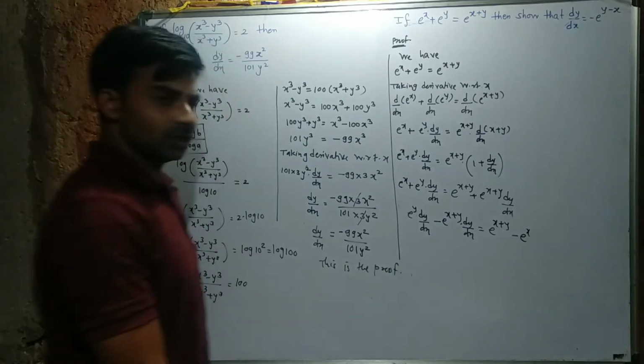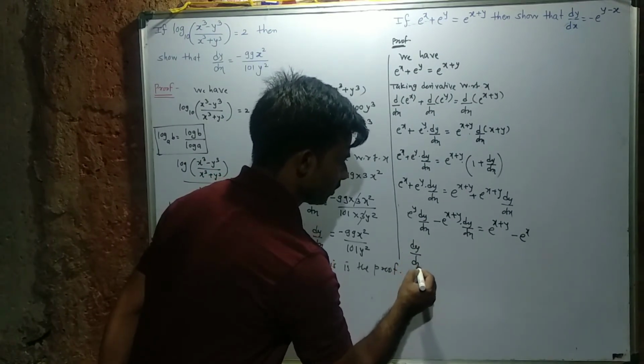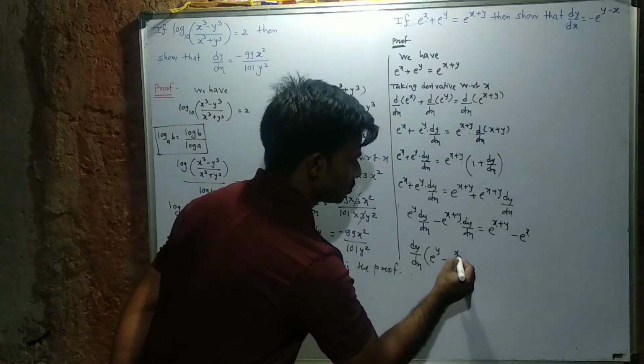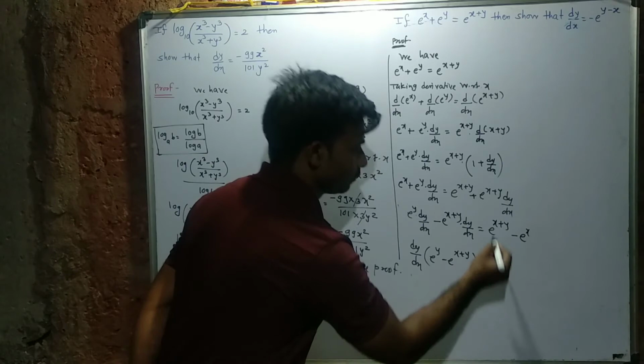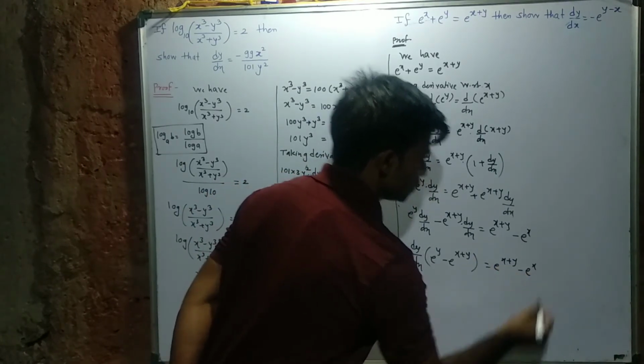Now dy by dx is taken common, taken outside from that one, and then e raised to y minus e raised to x plus y is equal to e raised to x plus y minus e raised to x.